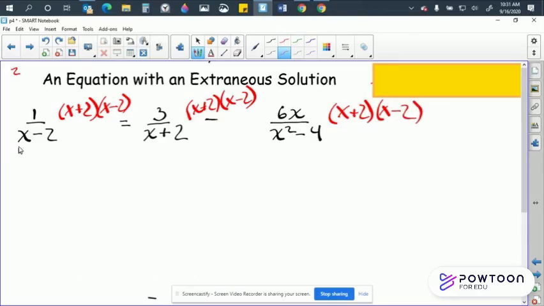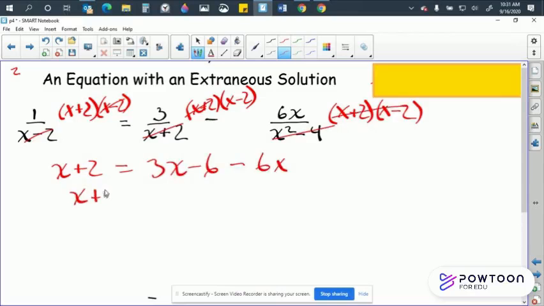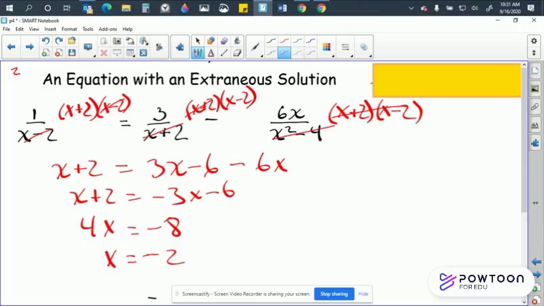So that way here, x minus 2's cancel. Combine your like terms. And x equals -2.